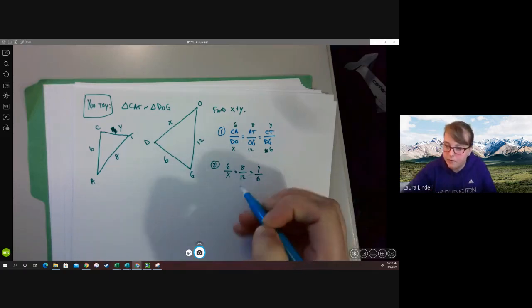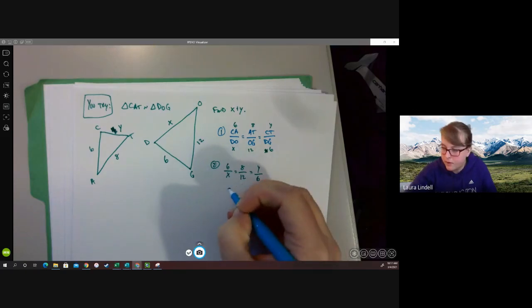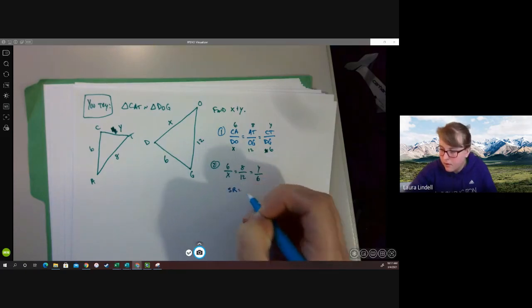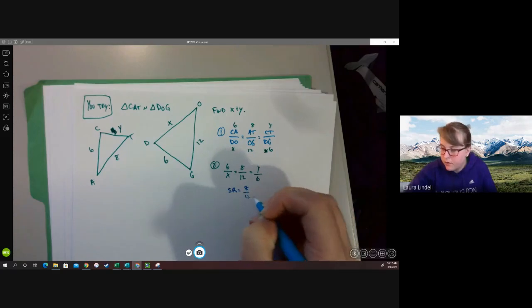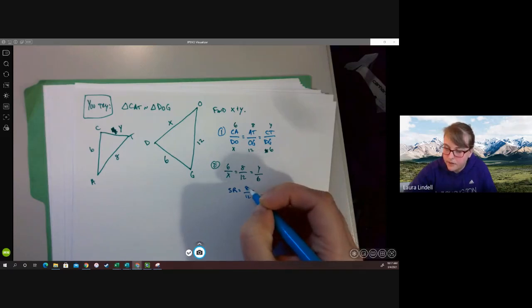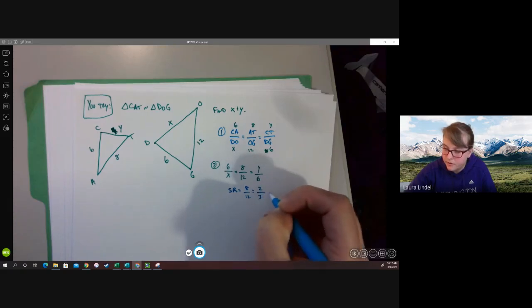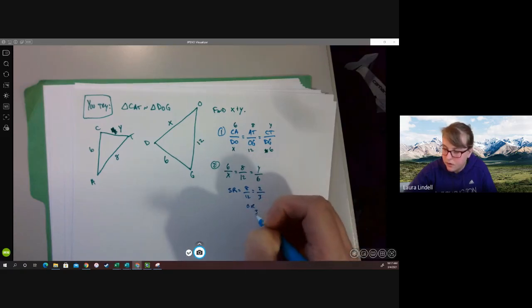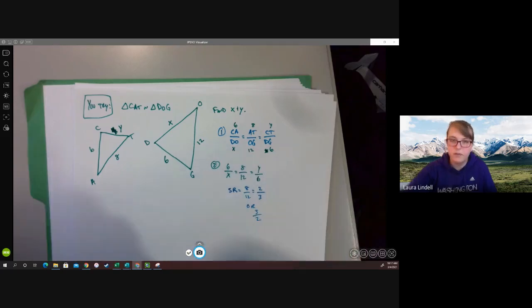By the way, the similarity ratio here, you could call it 8 over 12, or you could reduce the fraction here, which is what I would do. Because they're both divisible by 4, so you get 2/3. Or 3/2 for the larger one.